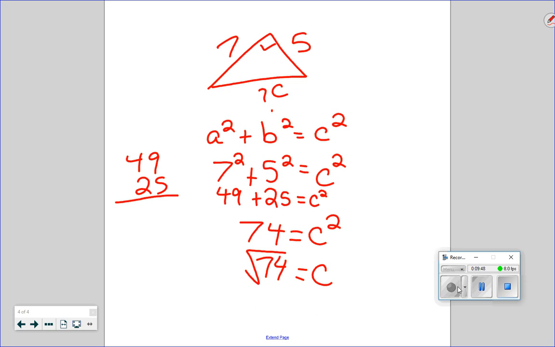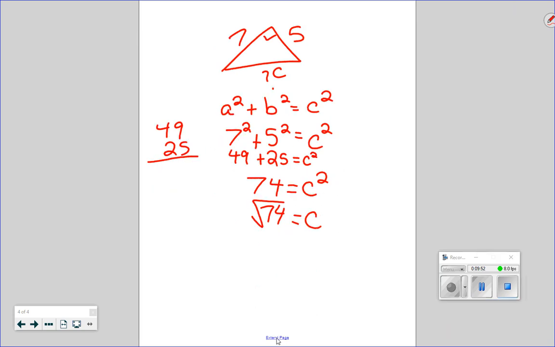I'm going to get one out here too, and we're going to type in the square root of 74. And when I do that, I get that the square root of 74 is equal to about 8.6, and you can round it depending on how your teacher or your problems say to express your answer. I'll just do one decimal place, so it's 8.6.